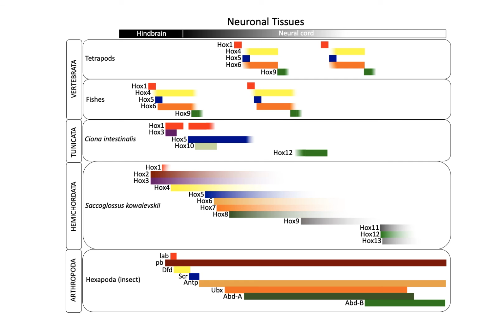where and when these genes are turned on in different parts of the body. So here's in neuronal tissues, in vertebrates, in tunicates, and arthropods back here. You can see that they're turned on in slightly different places and at slightly different levels in different parts of the neural cord.